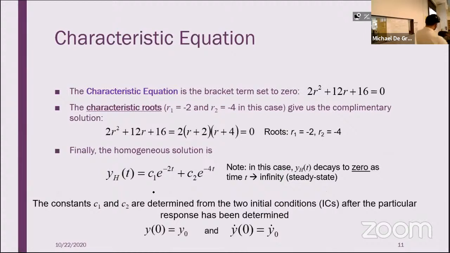The part that's in the bracket there, that 2r squared plus 12r plus 16, is what we call the characteristic equation. The characteristic equation is important because it allows us to get the characteristic roots. This is a quadratic equation, so we can use the quadratic formula to solve it, or you can factor it, or you could take your fancy calculator and solve it in there.